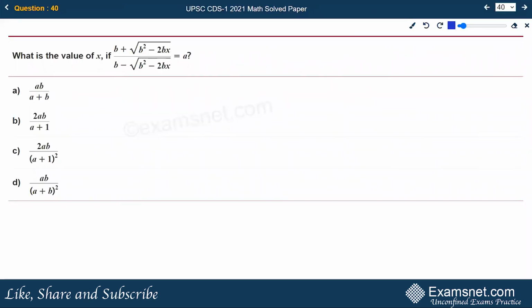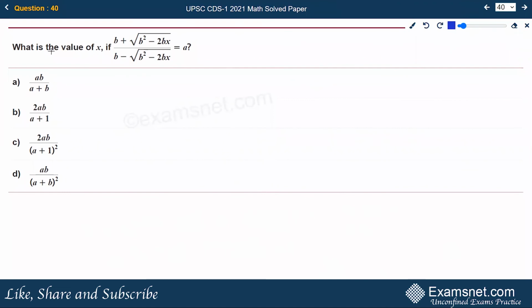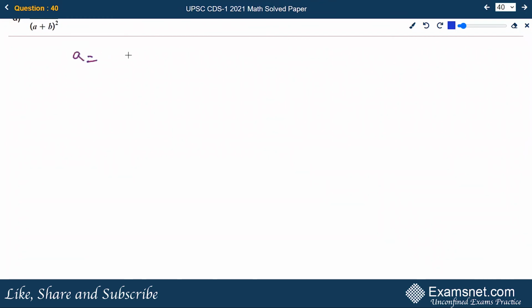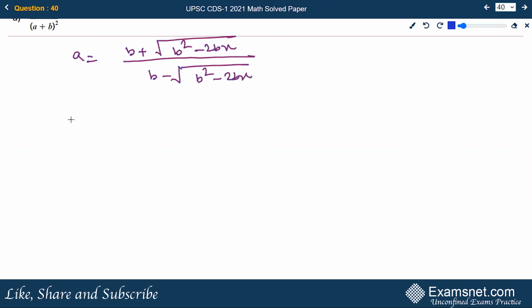In question number 40, we are given: what is the value of x if this given expression holds true. So let's start with the given expression, that is a equals (b plus root under b square minus 2bx) by (b minus root under b square minus 2bx). Let's do componendo dividendo.